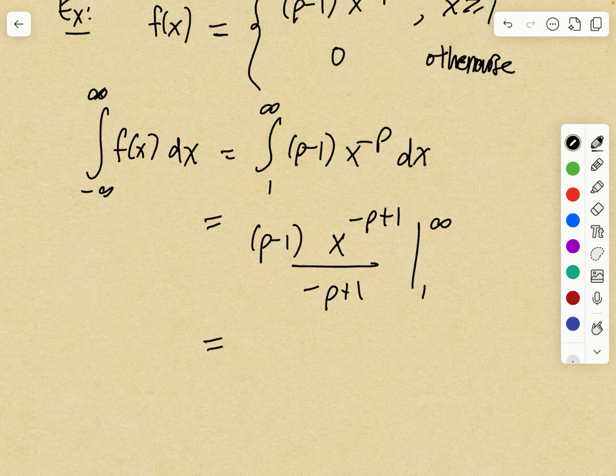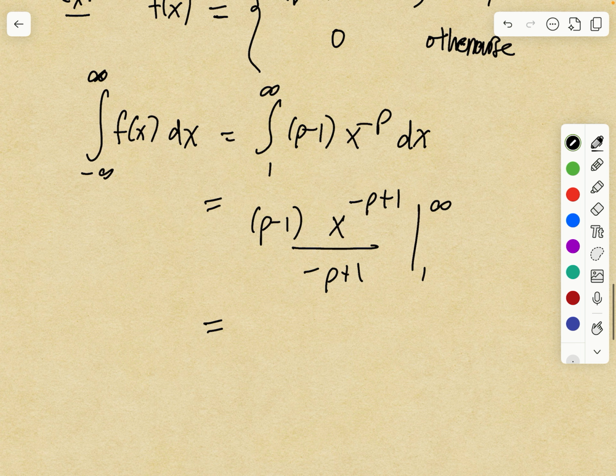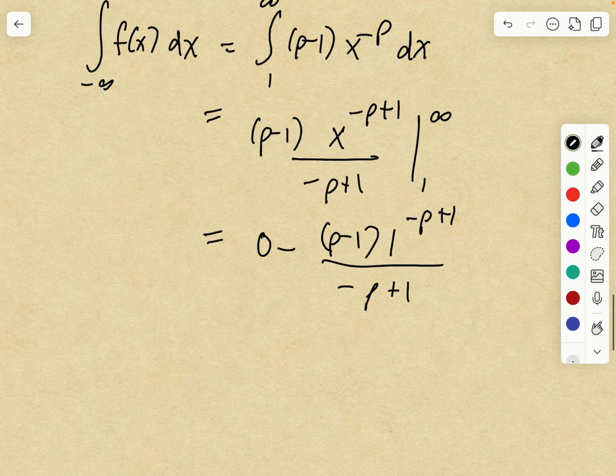Since rho is greater than 1, this exponent is negative, and so when x approaches infinity, you're going to get 0. So you get 0 minus rho minus 1 times 1 to the negative rho plus 1 over negative rho plus 1. Because I have a negative 1 here, this is going to equal negative parentheses rho minus 1, and then you have these two negative signs, they cancel, and you get 1.